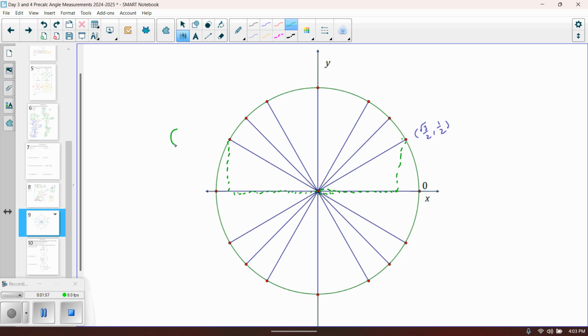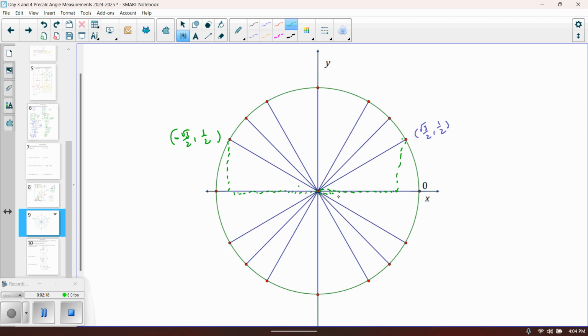So the ordered pair over here is identical to the one across from it, except that the x value is negative and the y value is still positive. And if you think about it as being symmetric across the x-axis as well, it works the same way.